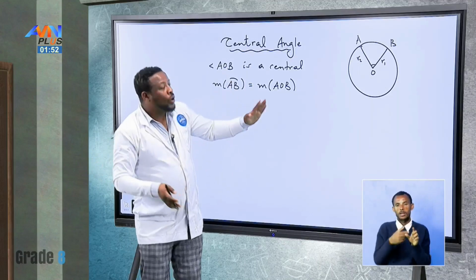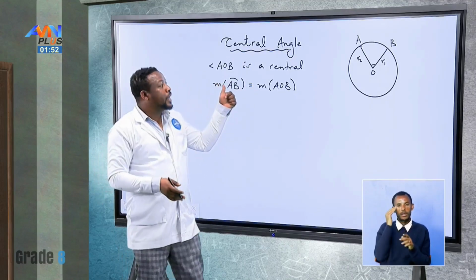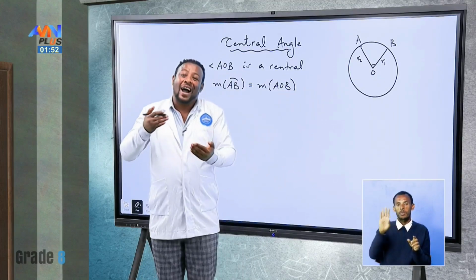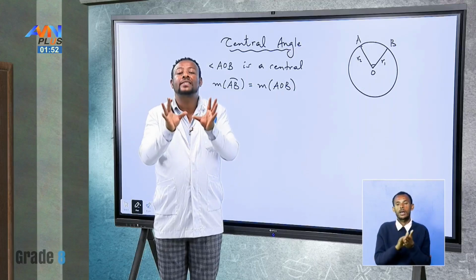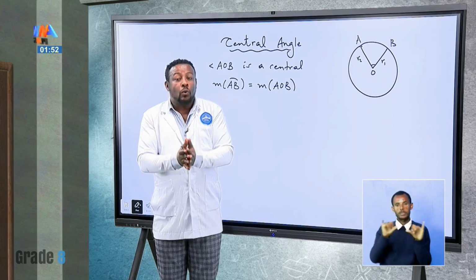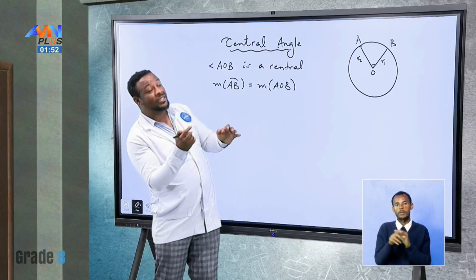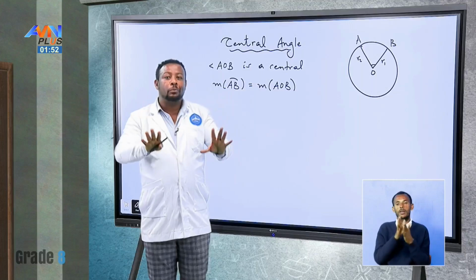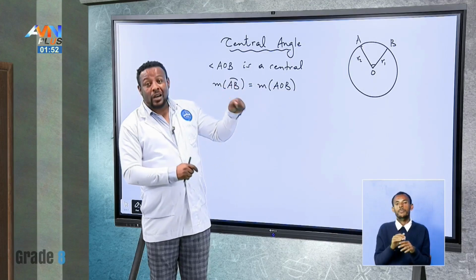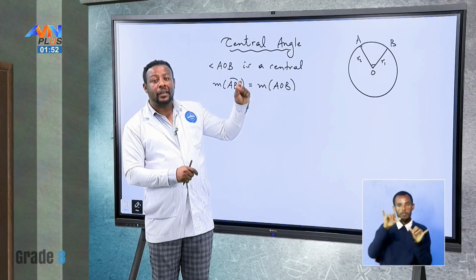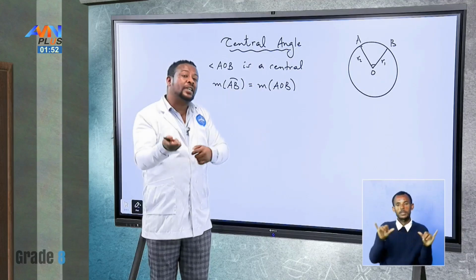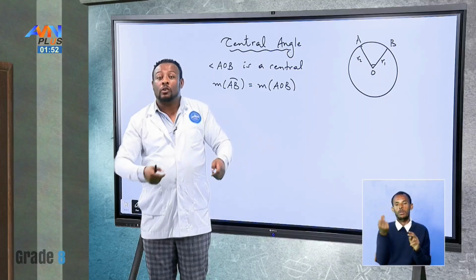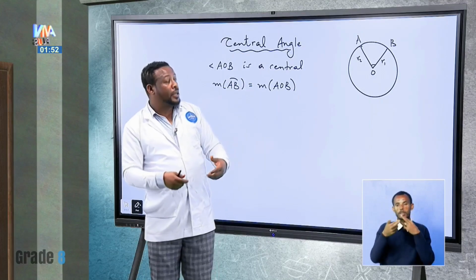Keep in mind that the central angle AOB and the arc that subtends it have the same degree measure. We will see different examples regarding central angles, but for the time being, keep in mind that the degree measure of the central angle and the degree measure of the arc that subtends it are the same. This knowledge is very important whenever we solve problems related to central angle.